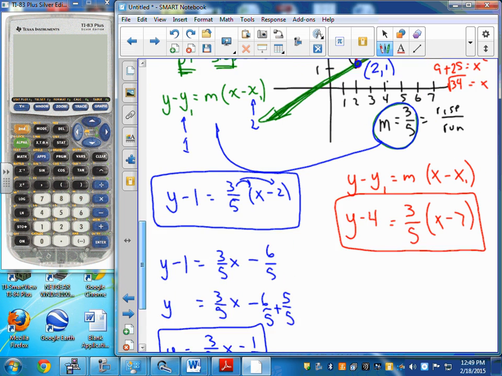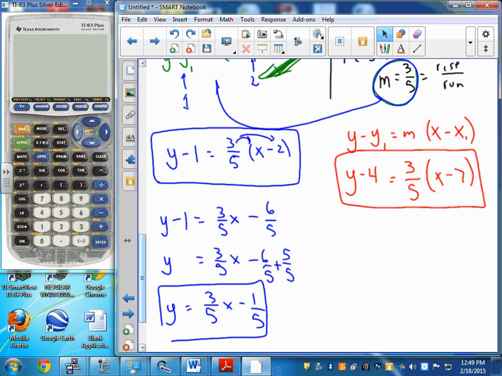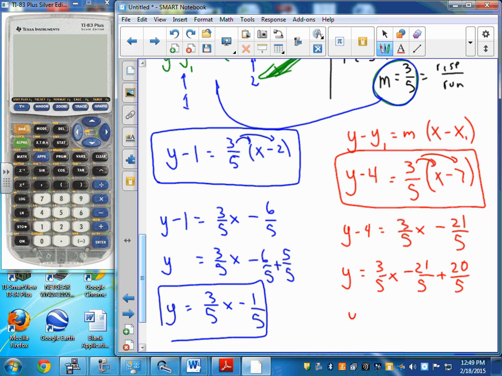If I want to play with this one the same way, surprise, surprise, y minus 4 is 3/5 x minus 21/5, again distributing. Right? And now I'm going to add 4, so y is going to be 3/5 x minus 21/5, and I'm adding 4, which is 20/5, right? So sure enough, exactly the same equation that I got using the other point, minus 1/5.